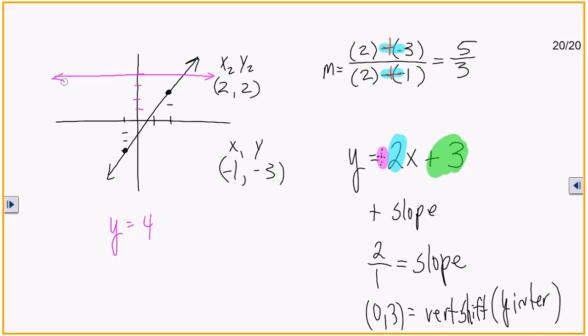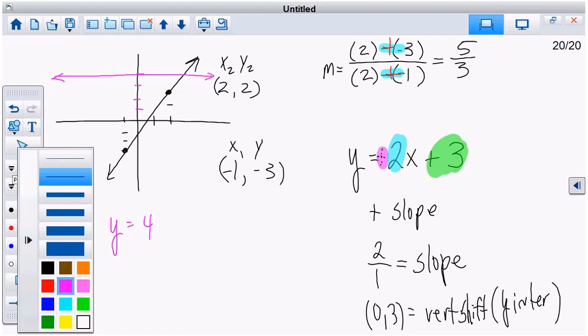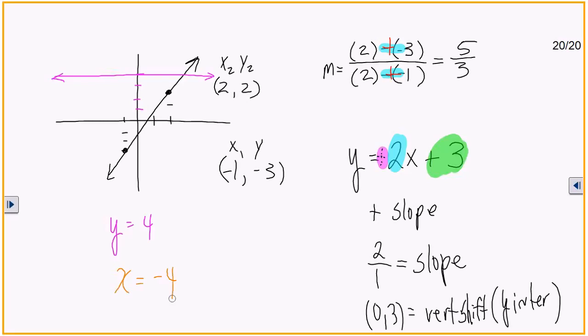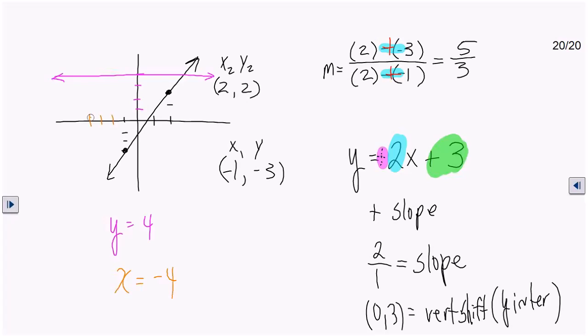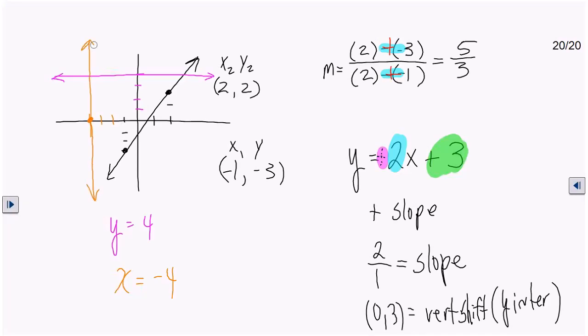There's that line. If I give you, let's do burnt orange, x is equal to -4, then you plot -4 on the x-axis, and you draw parallel to the y-axis.